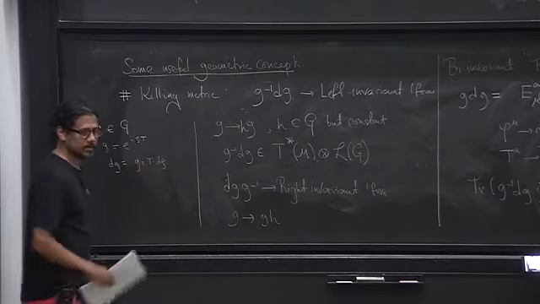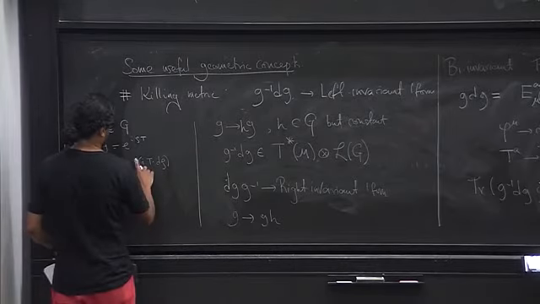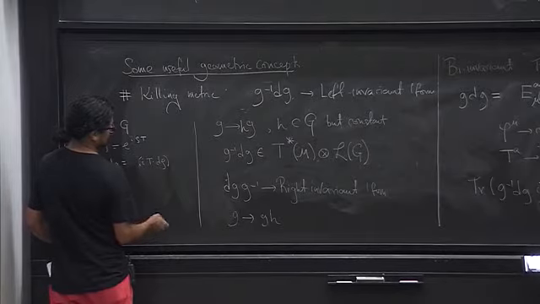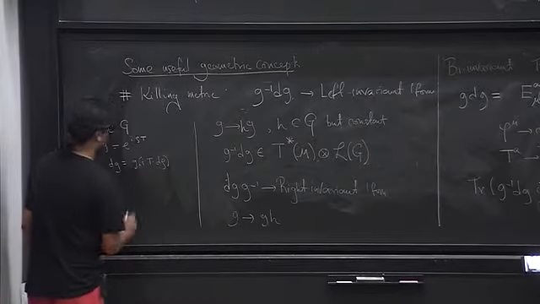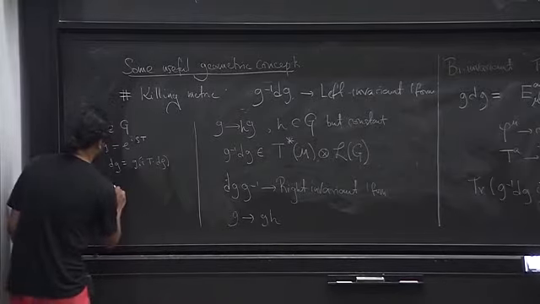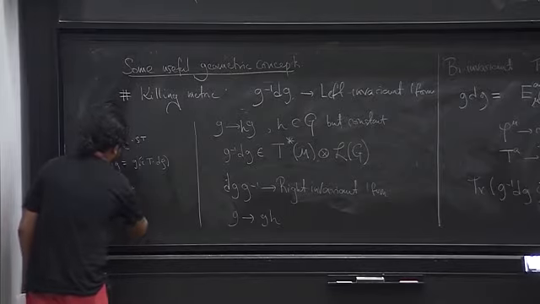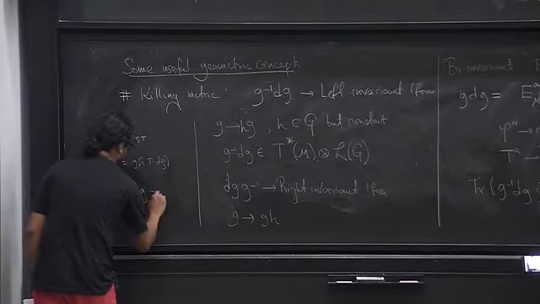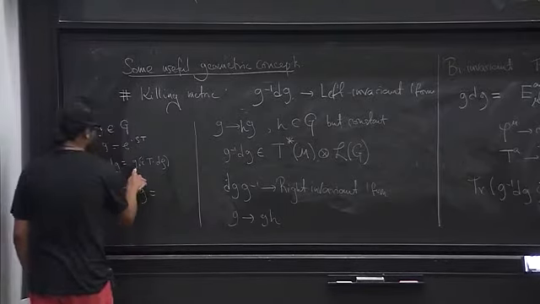So I can write this on this side. Now g inverse will be given by, so now if I multiply, this goes away, and what I'm left with is t dot.